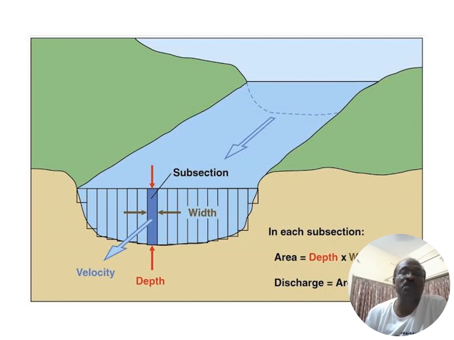The width of the stream is divided into a number of vertical portions. That is very important. Then for each portion, the velocity is measured at one or more points along the depth to get the representative velocity.